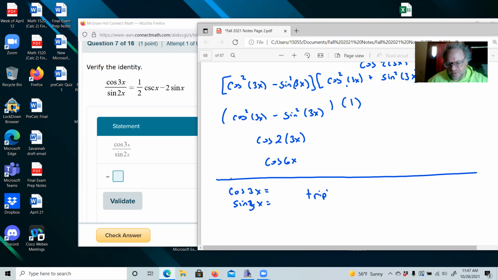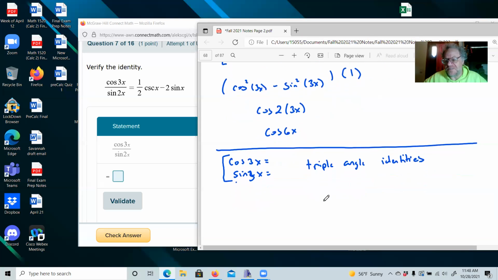This is called triple angle identities. I have put a triple angle identity on a pre-calculus quiz since I started teaching the class, so it's been there for like 5 or 6 semesters now. So if I were you, I would go ahead and take a look at those.